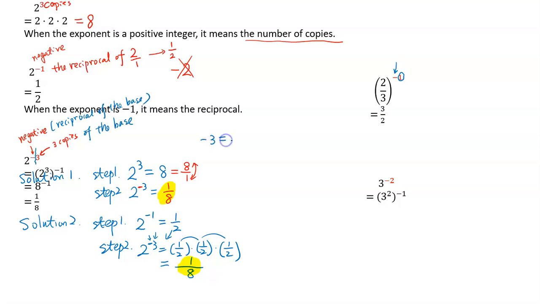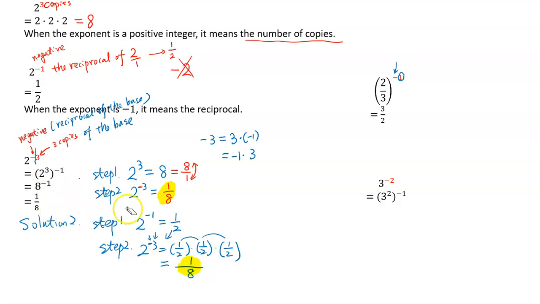Because negative 3 can be obtained by multiplying 3 and negative 1, or negative 1 times 3. So the exponent, as you can see here, let me erase this here.